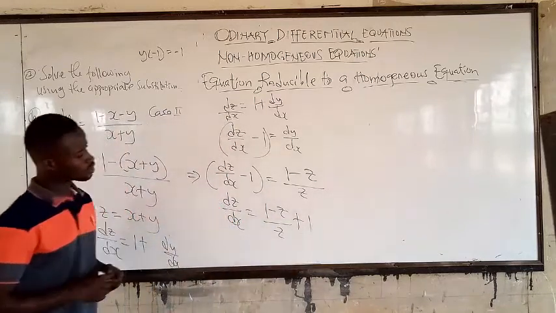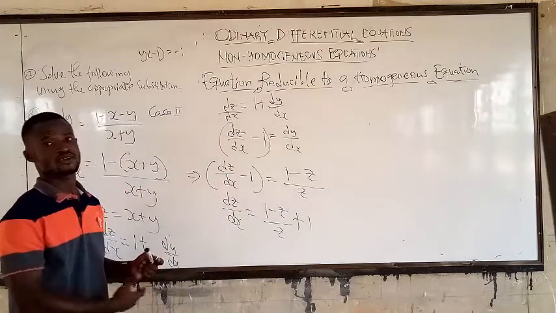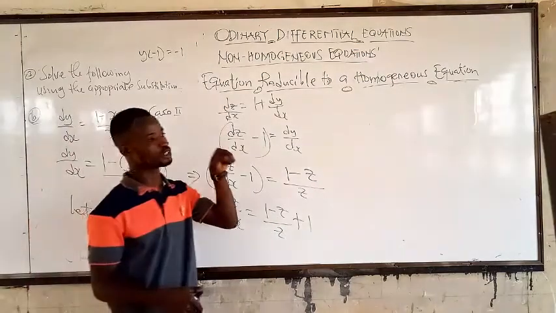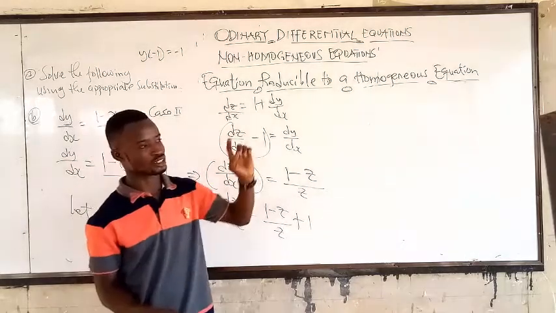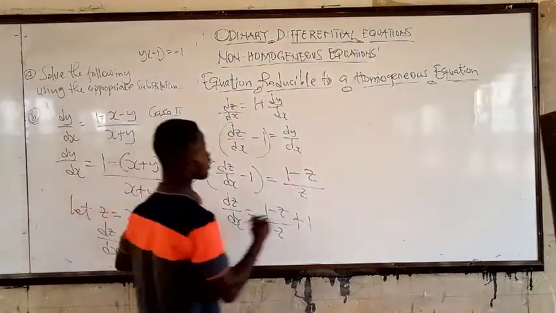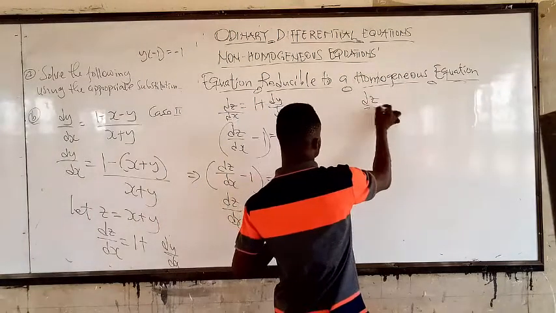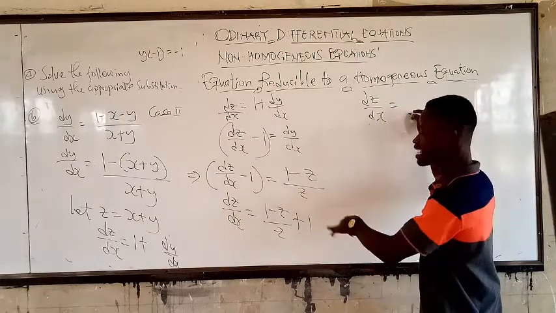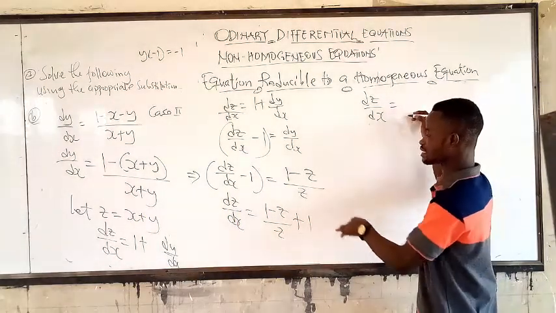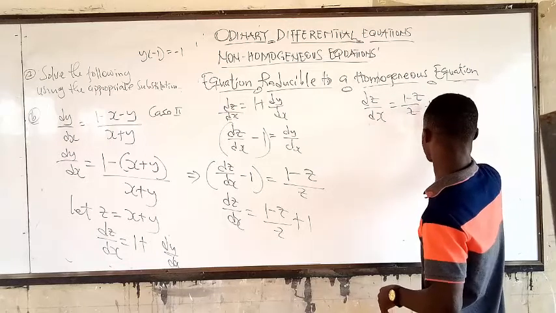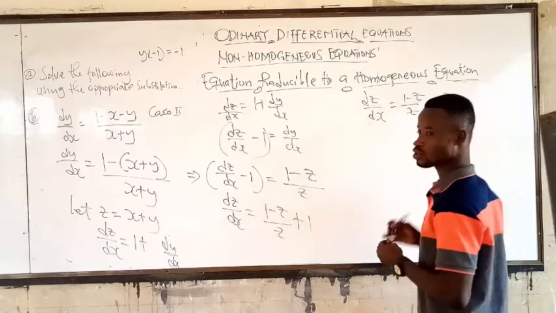So we go on because we are now transforming the non-homogeneous to homogeneous. And when you get to homogeneous, then you take it to separable. You see how it is? Very good. So now, to get it in separable form, we have to get the same denominator. So (1 minus z) over z plus z over z.